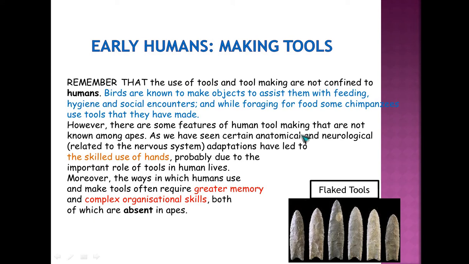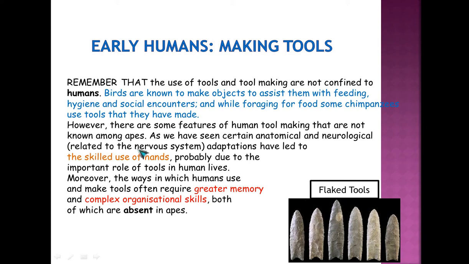So some of the features of human tool making are like, it was not known among the apes in those days, but later as evolution took place, they also used their own devices to create their own tools. And we have also seen certain structural and neurological changes, anatomical changes and adaptations which took place in the brain of human beings.